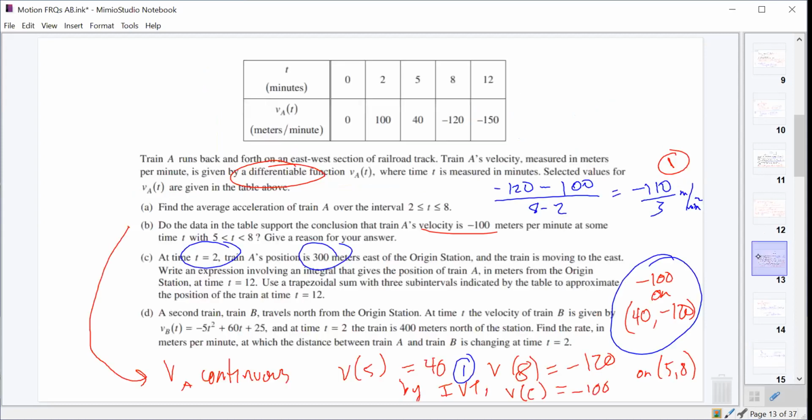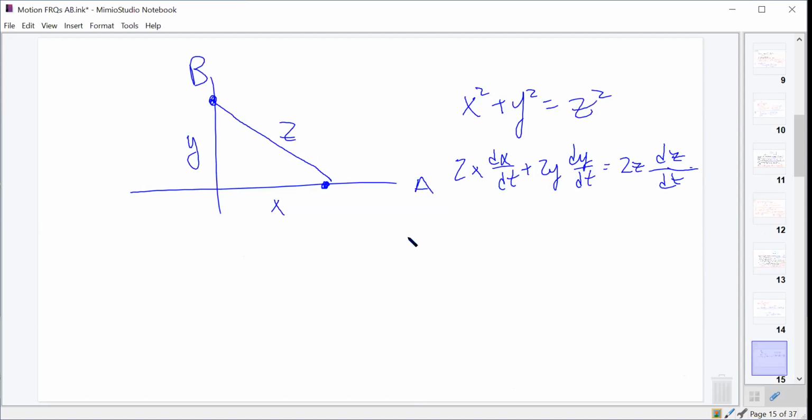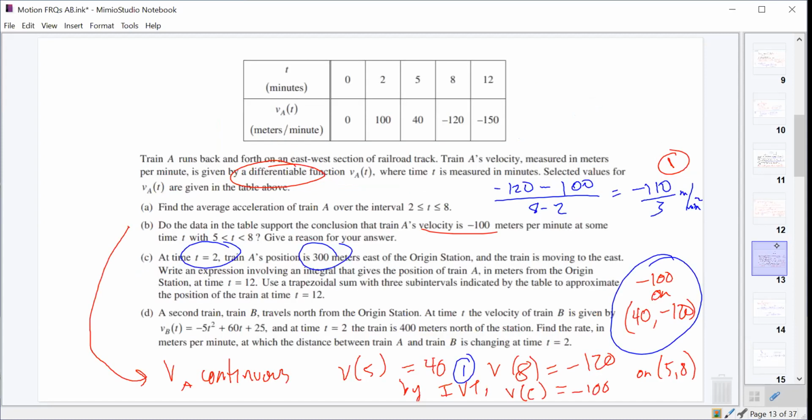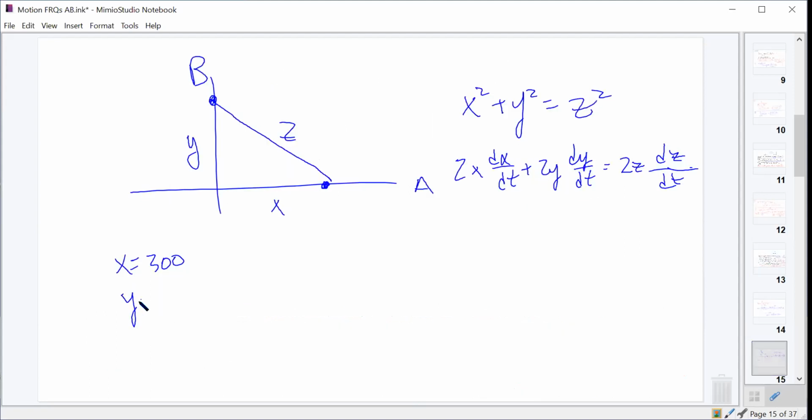So if we go back here, at t equals 2, train A is 300 meters east, so x equals 300. Train B is 400 meters north, so y will be 400.